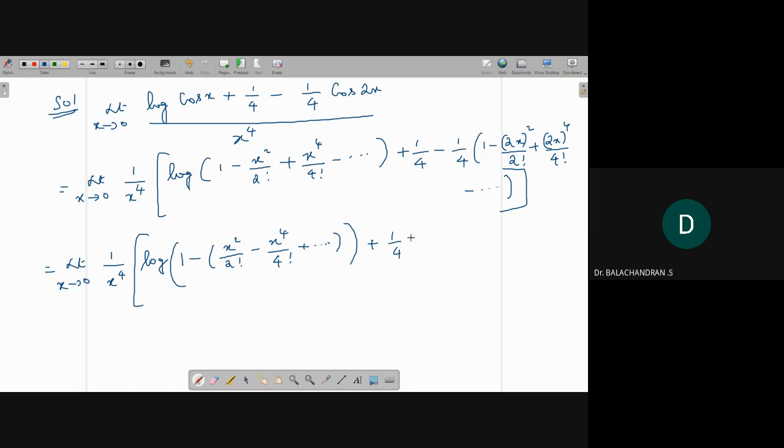Minus 1 by 4 into 1 is minus 1 by 4, and then minus 1 by 4 into the remaining terms: minus 2 square over 2 times x square, plus 2 power 4, that is 16, into x power 4 divided by 4 factorial, that is 24, minus and so on. Close this bracket and finally the square bracket. Now we can cancel these two.